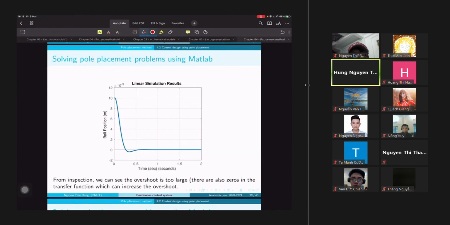You see that this is the equilibrium point, and then it goes to where we want. So the system looks like this. This is the response.